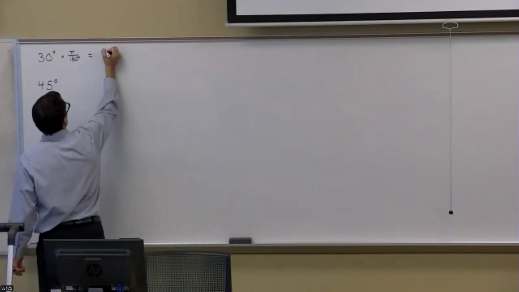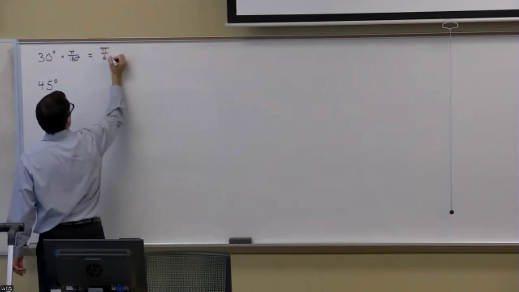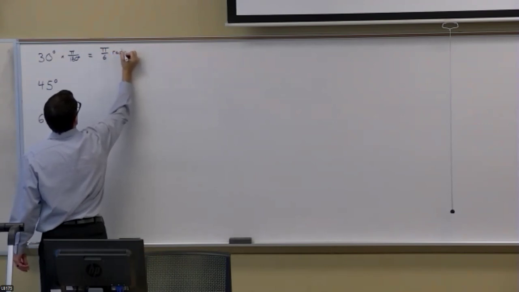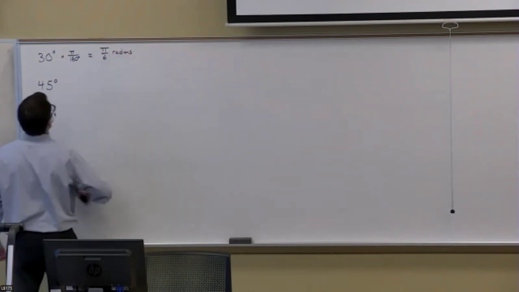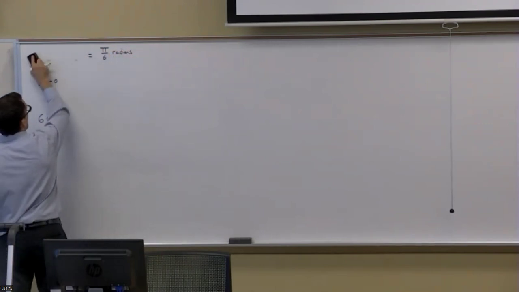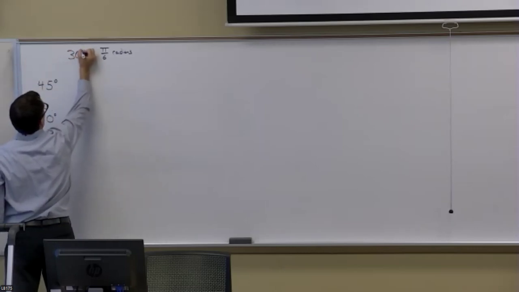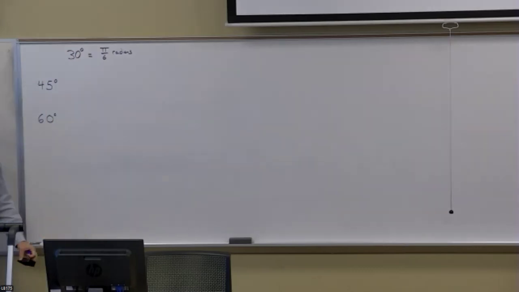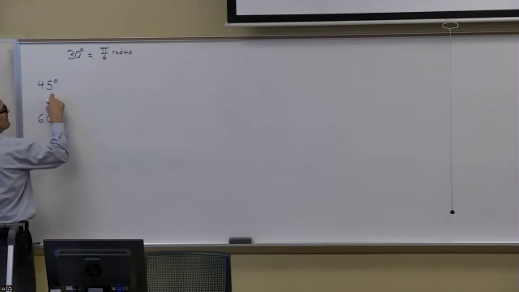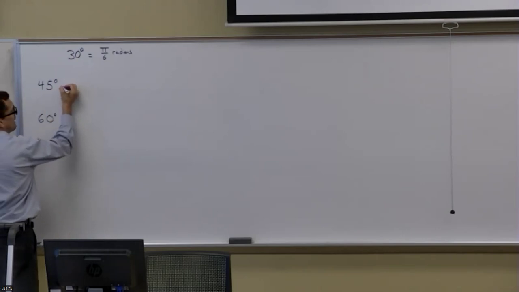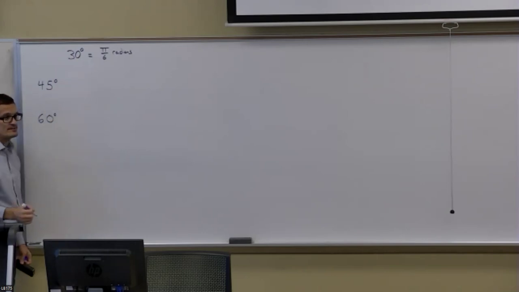So this becomes pi over 6 radians. So 30 degrees, I'm just going to write this in shorthand: 30 degrees is pi over 6 radians. You can do the same thing with 45 degrees. Multiply it times pi over 180.